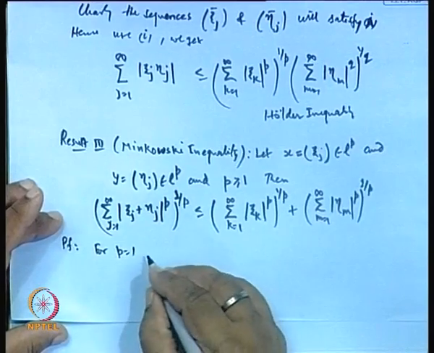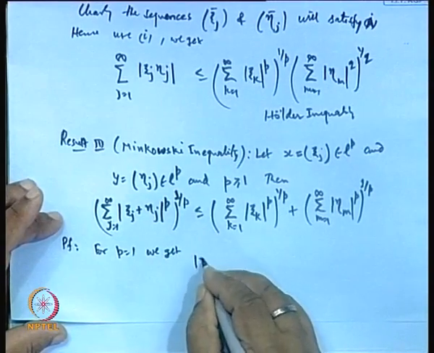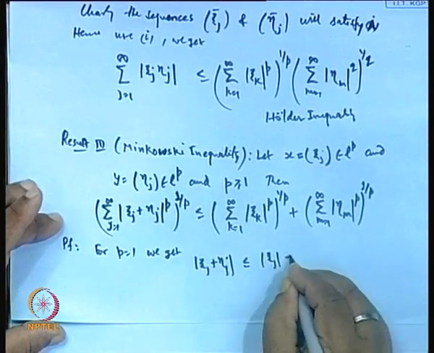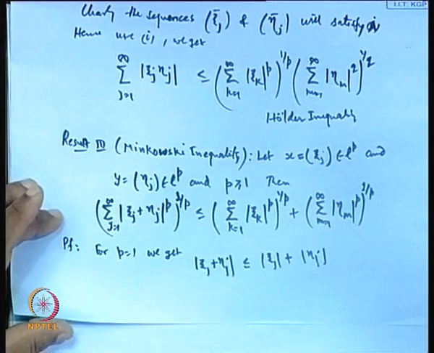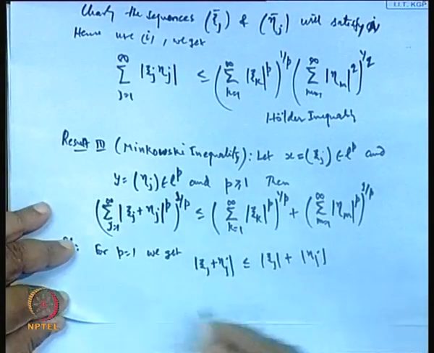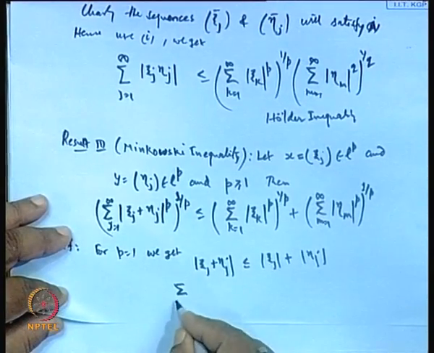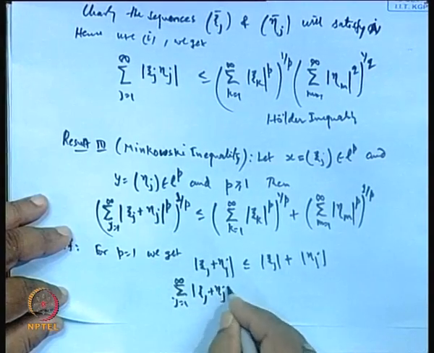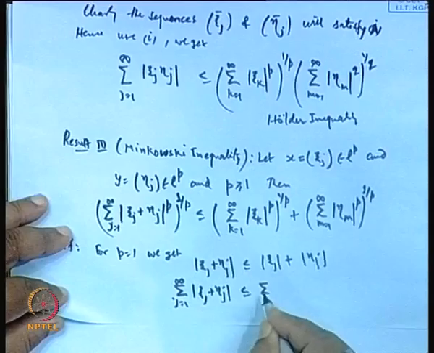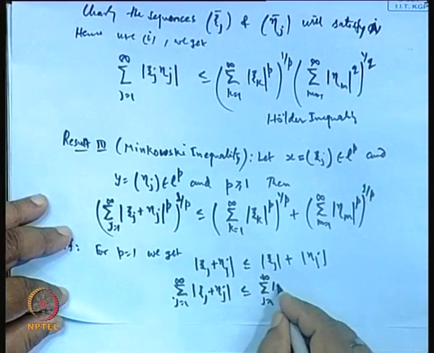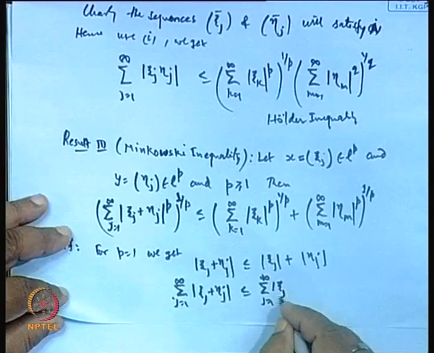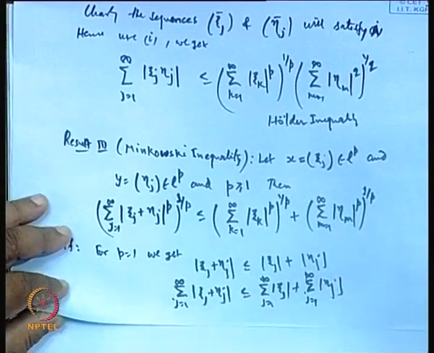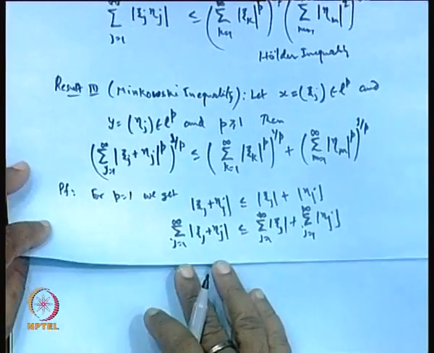For p equal to 1, we get mod of x_i^(j) plus eta_j is less than or equal to mod x_i^(j) plus mod eta_j because of the triangle inequality, and then take the summation, sigma j equal to 1 to infinity, mod of x_i^(j) plus eta_j is less than or equal to sigma j equal to 1 to infinity mod of x_i^(j) plus sigma j equal to 1 to infinity mod of eta_j. So, for p equal to 1 the result follows immediately.